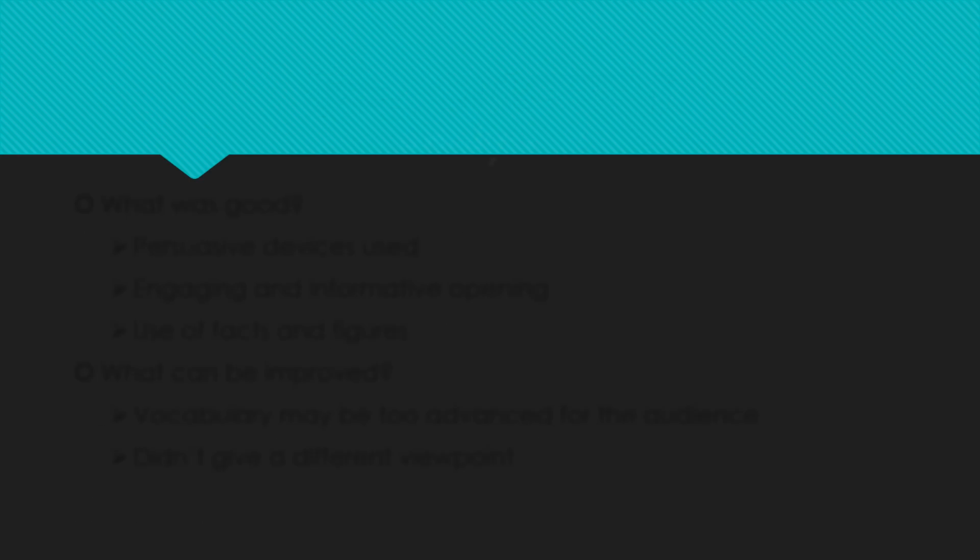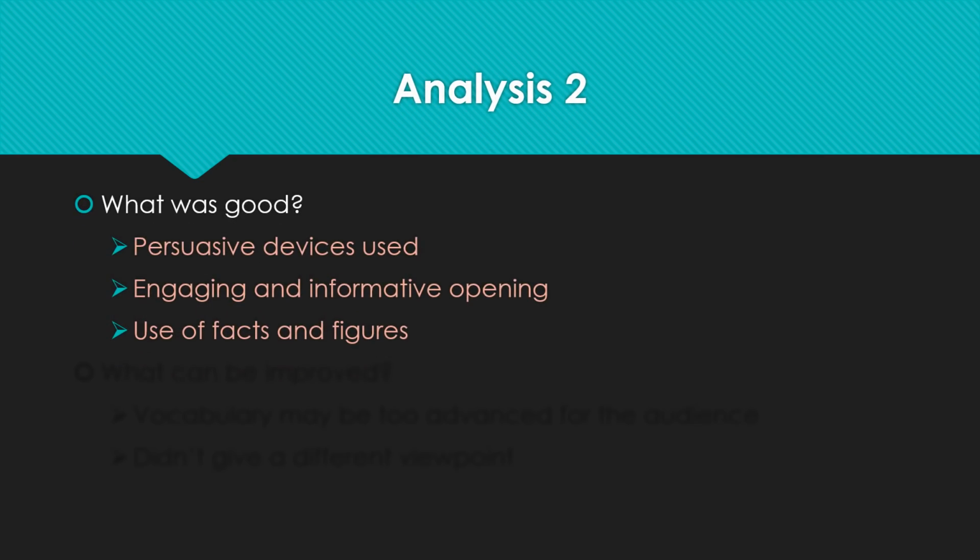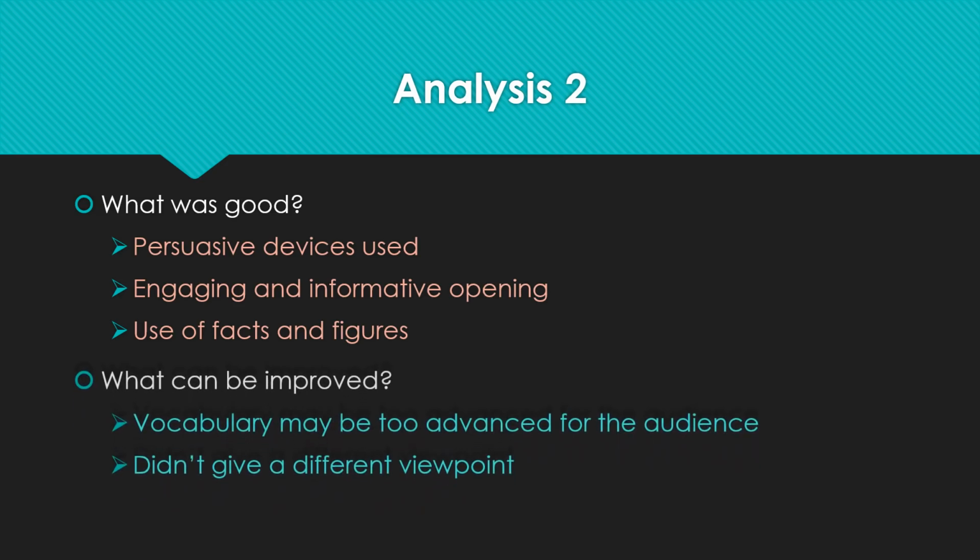So, what went well with this one? There were persuasive devices used. If you notice, there was a list of three, rhetorical question, emotive language, as well as facts and statistics. They also had an engaging and informative opening. So when you use more devices, you tend to be more persuasive. Also, the vocabulary on it was a little different.